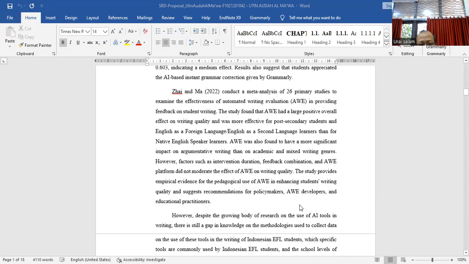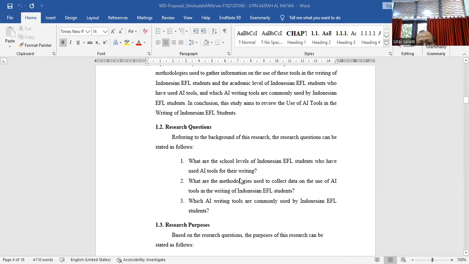Saya kira cukup 3 ya. We ask what kind of AI, kemudian what level of school student, and then how AI is used in the classroom, something like that. You are going to do only one thing, but you can have these 3 things all together.